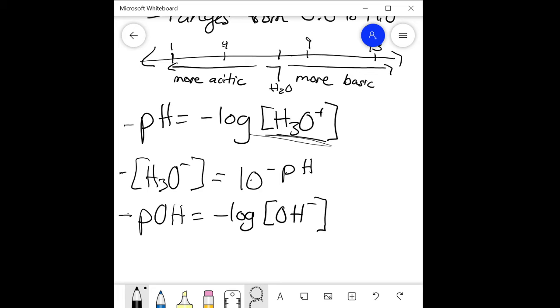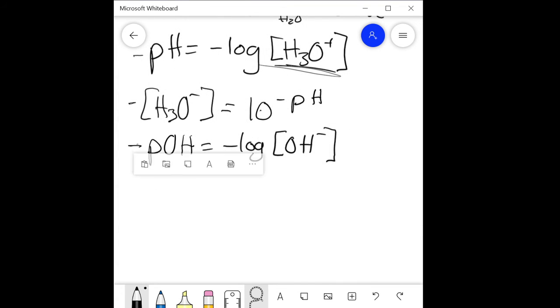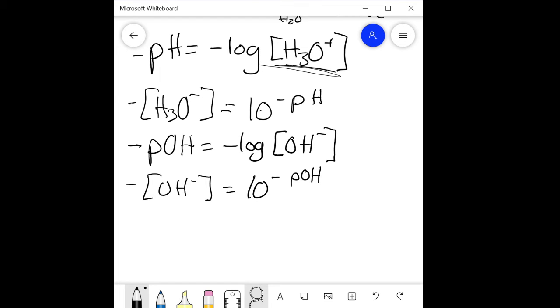I would say just stick with pH, work things in that, and then convert. I'll explain a little bit in a minute, but that's what pOH is. And if you're looking for the concentration of OH, that would again be just 10 to the negative pOH. And then the last little formula to know is that pH plus pOH equals 14.